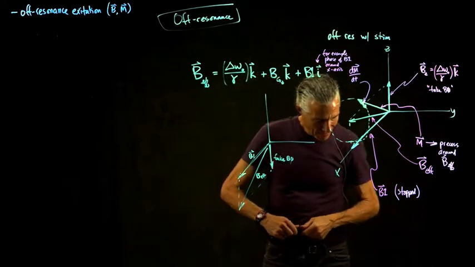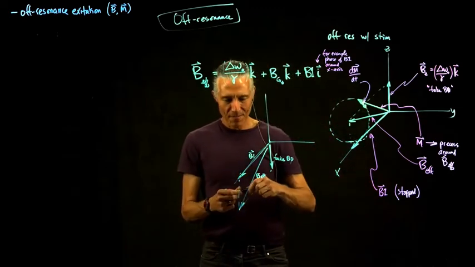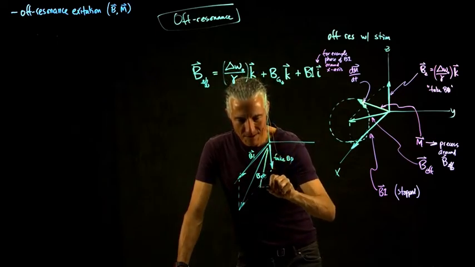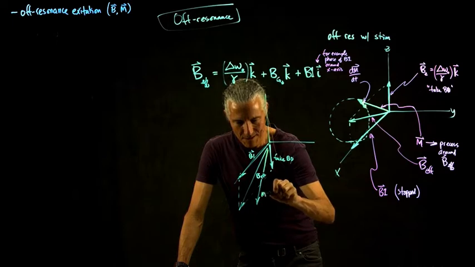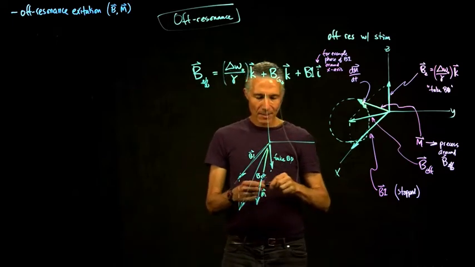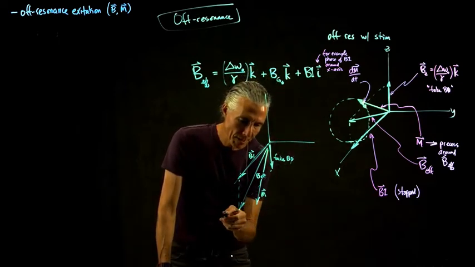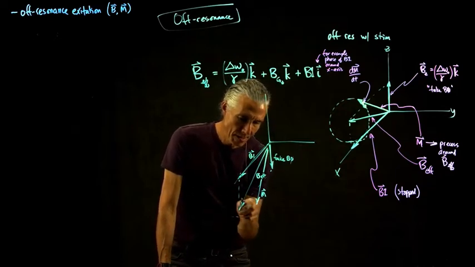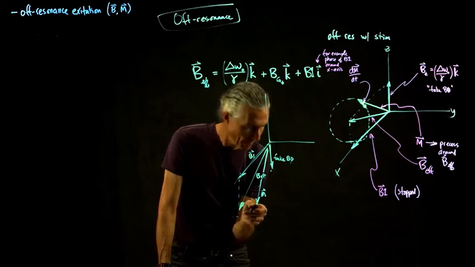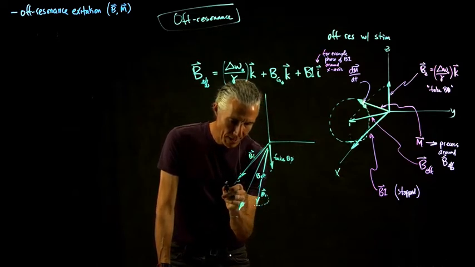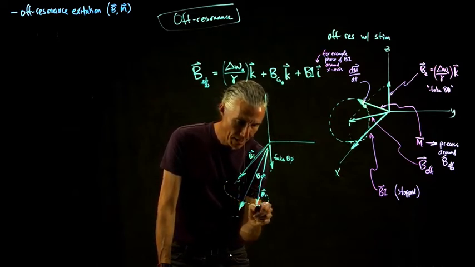So there's the M vector. That M vector is going to be precessing around this B effective, going that way.